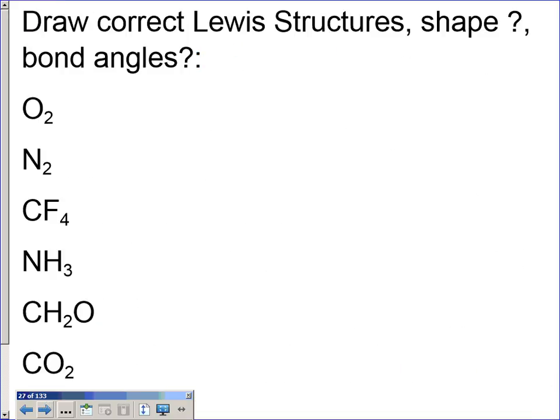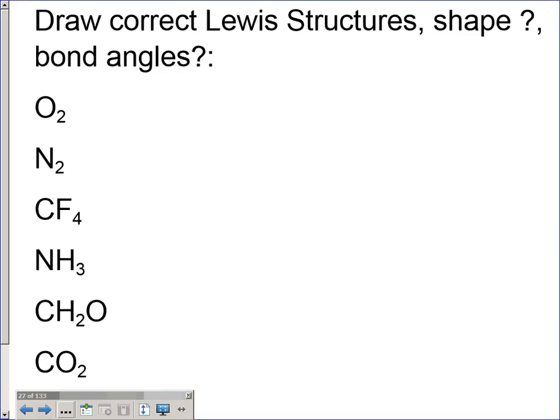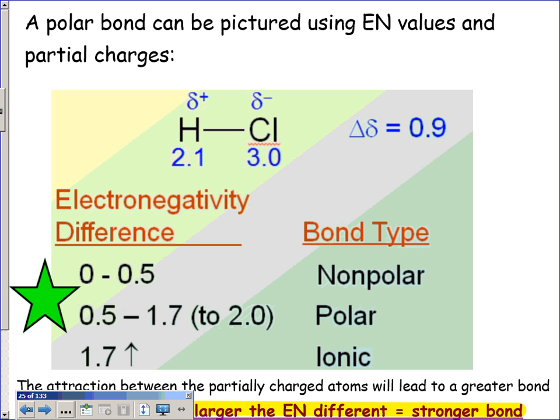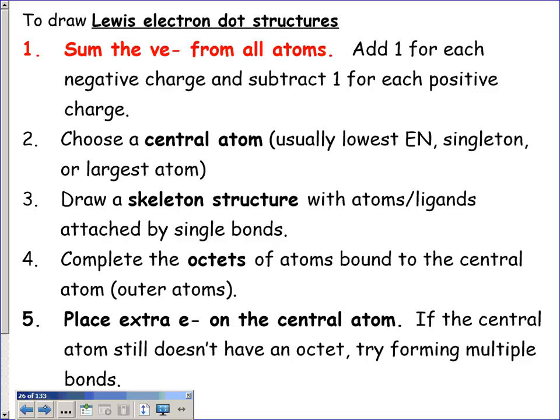But how do we know the process of drawing? So I'm going to start with us drawing carbon tetrafluoride. So write CF4 down, carbon tetrafluoride. I'm going to walk through the process as I teach you the instructions. Your first step is to sum the valence electrons that are present in the entire structure.